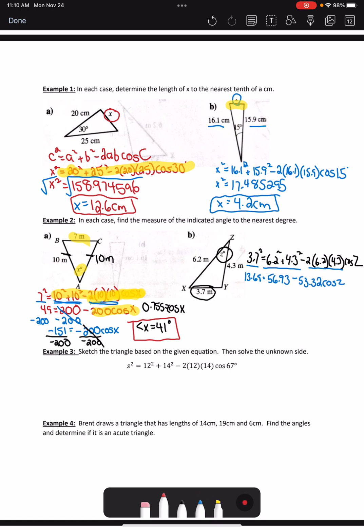Now from here, I'm going to subtract that 56.93 over. 13.69 minus 56.93 gives me negative 43.24 equals negative 53.32.